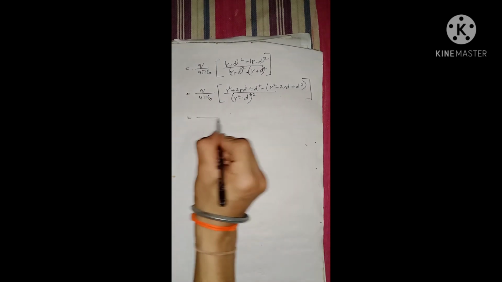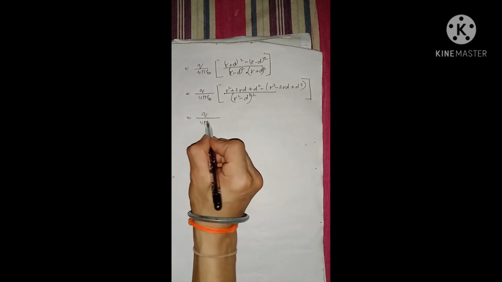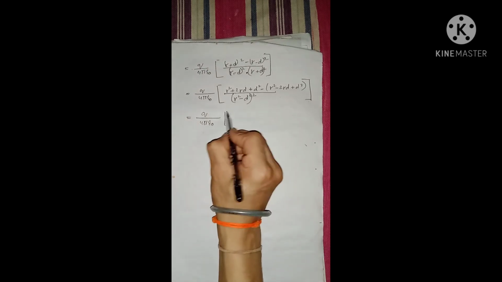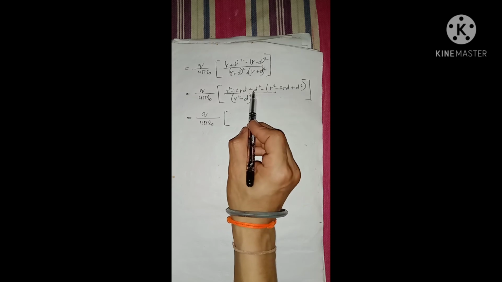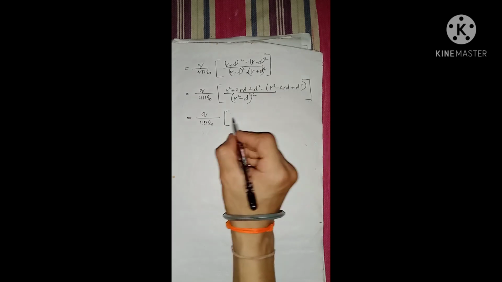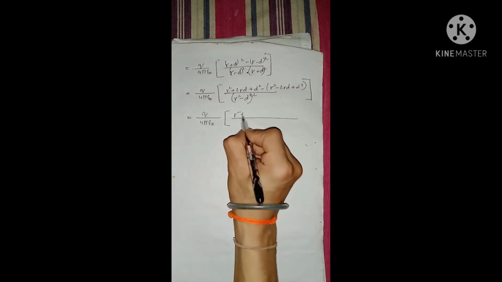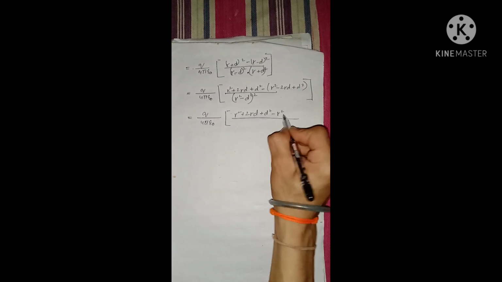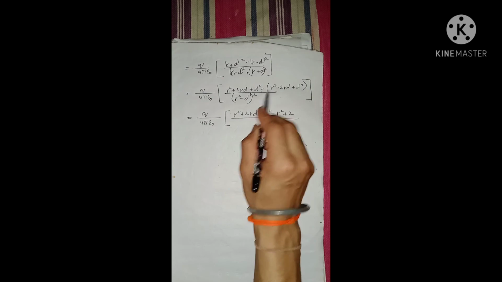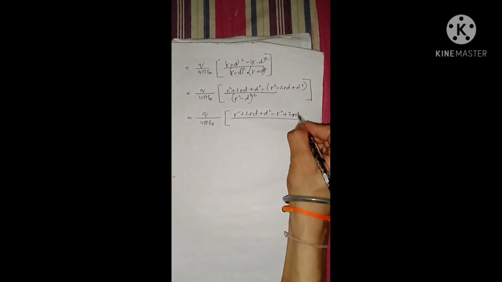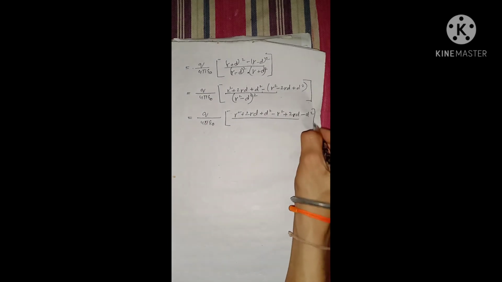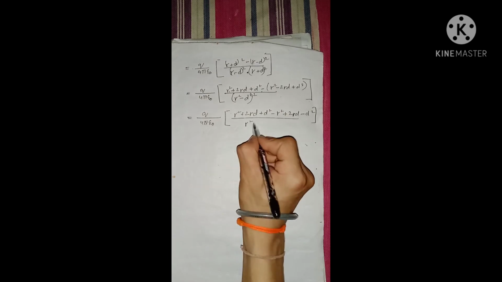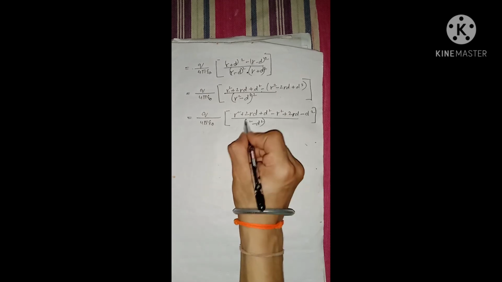So next comes Q by 4 pi epsilon naught into, now R square plus twice RD plus D square, we need to cancel this one. R square plus twice RD plus D square minus R square plus twice RD, minus into minus will be plus, plus twice RD minus D square. So it will be R square minus D square whole square.